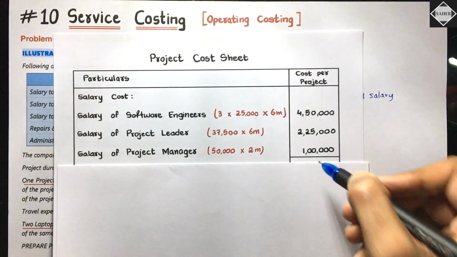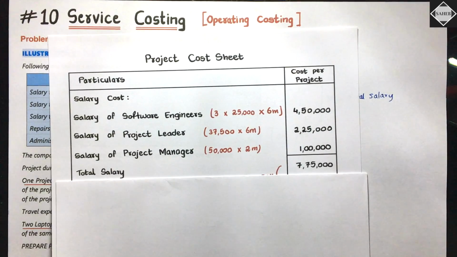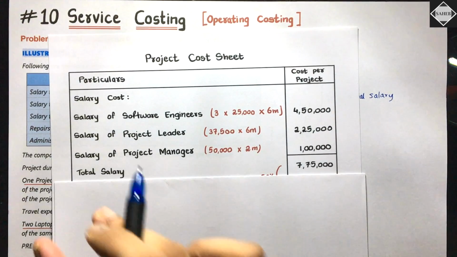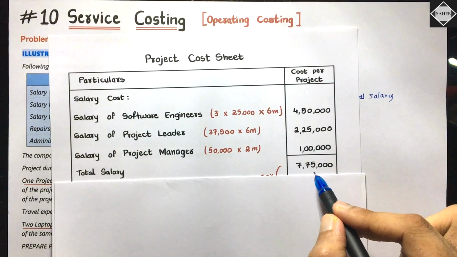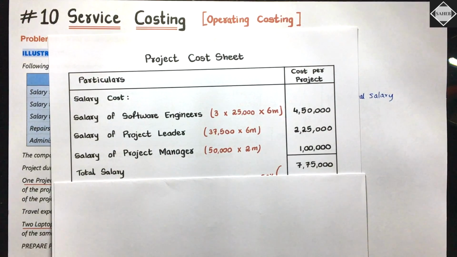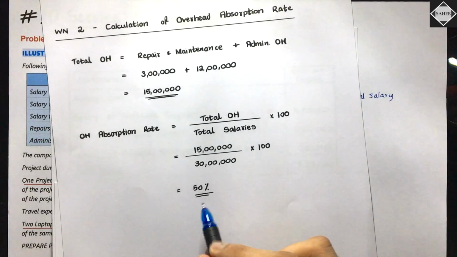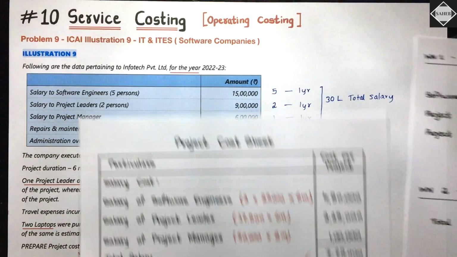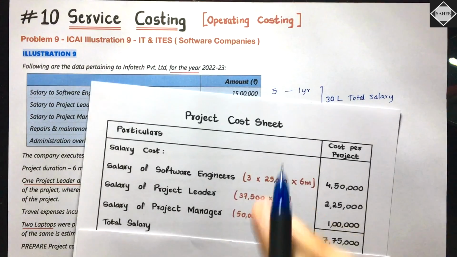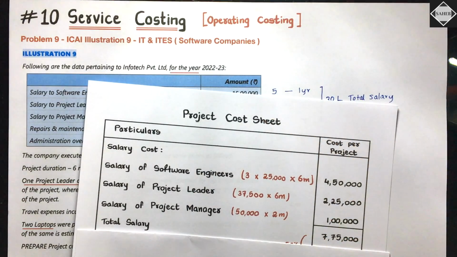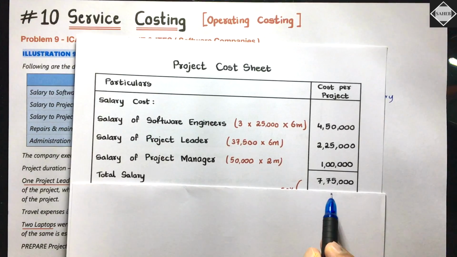Now you add this salary, that is equal to 7,75,000. This is the total salary of this specific project. Now what will you do? You have the absorption rate of 50%. You have to take these overheads, repair and maintenance and administration overheads, and apportion them to this project, based on the total salary of the project.